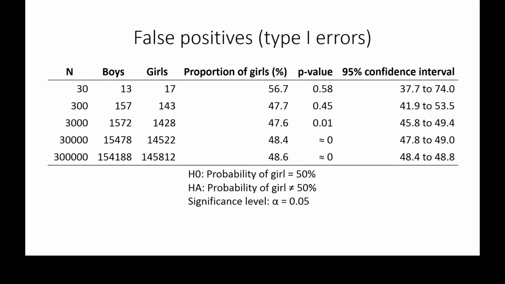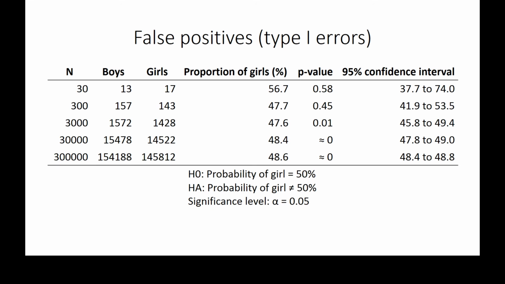A significance level of 5% gives a 5% chance of rejecting H null, even if H null was true, right? By definition. In the example with the boys and girls, this means that even if the probability of having a girl was 50%, we would still reject H null 5% of the time.